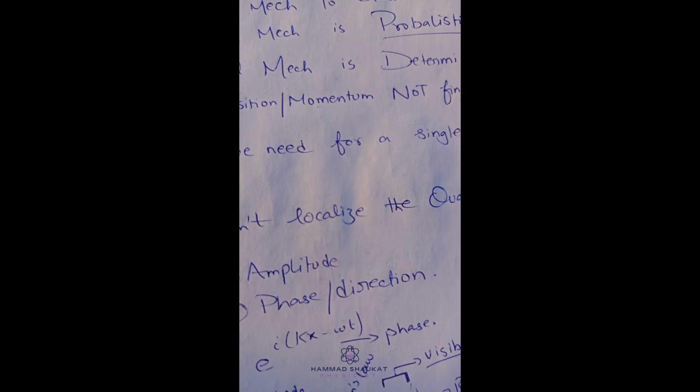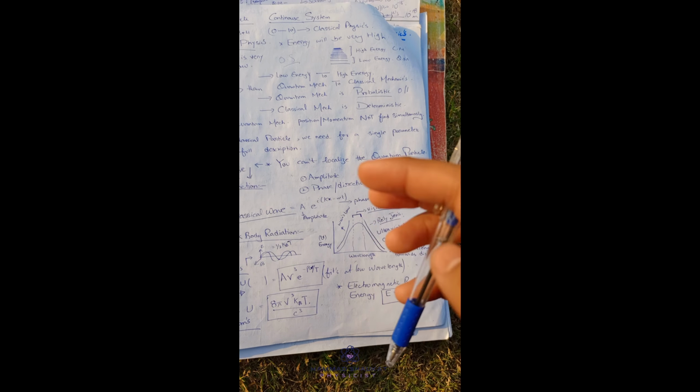And a wave, you already know, has two main features. One is the amplitude, high amplitude or low amplitude. What is meant by amplitude? This is my graph, and the maximum point is the amplitude. The next thing the wave function tells us about is the phase. Phase means direction, whether the particle is moving to the right or the left.